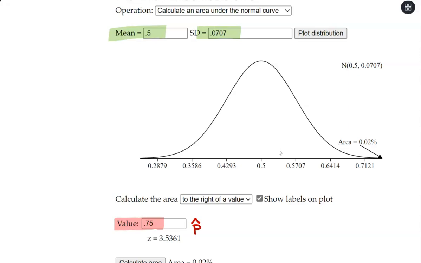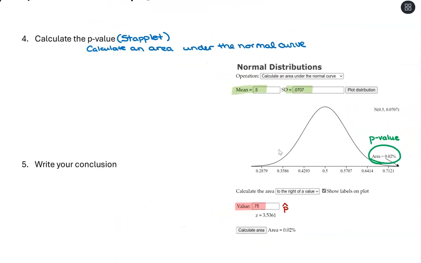And then what we're interested in is this area right here. That area is our p-value. Now I know we get to a point in this where there's so many different p's floating around. We have our population proportion, we have our sample proportion, and now we have a whole new thing called p-value. And it's just unfortunate, but that's the way it goes.